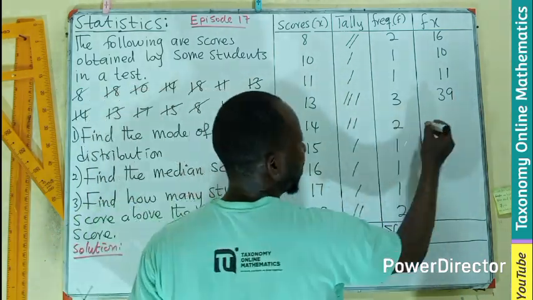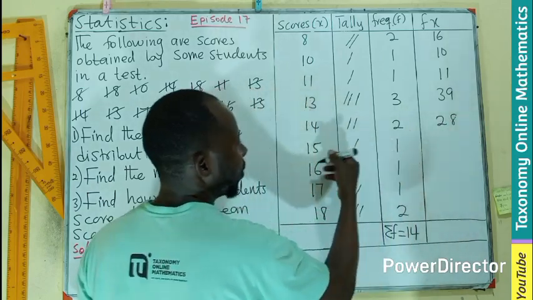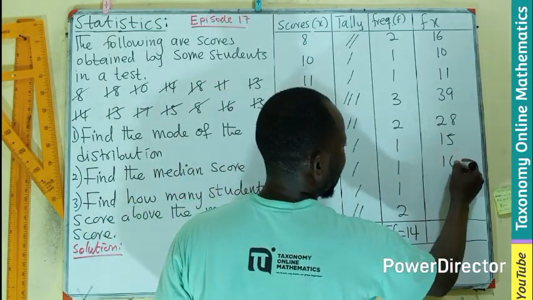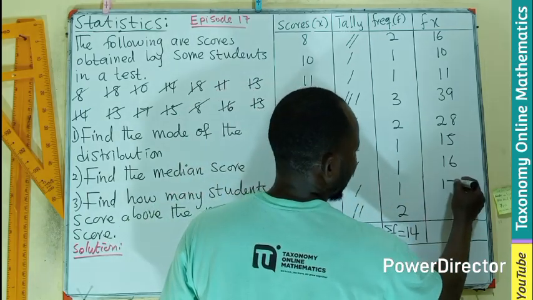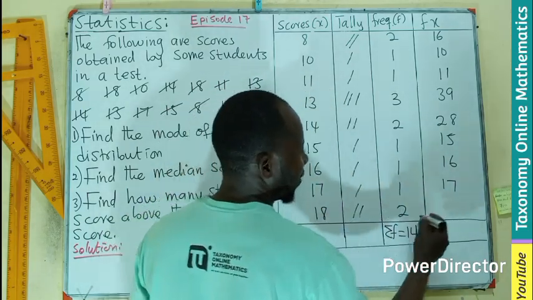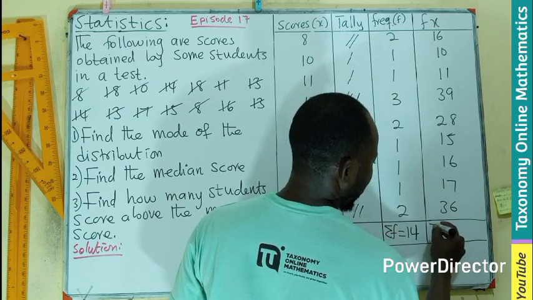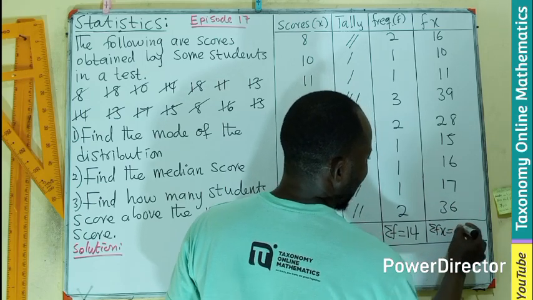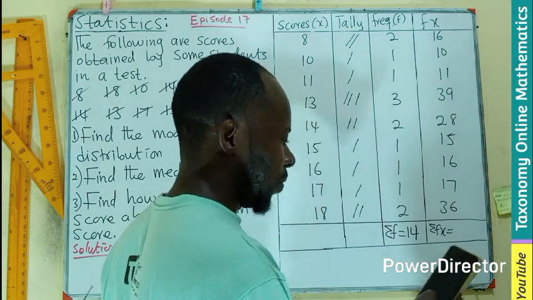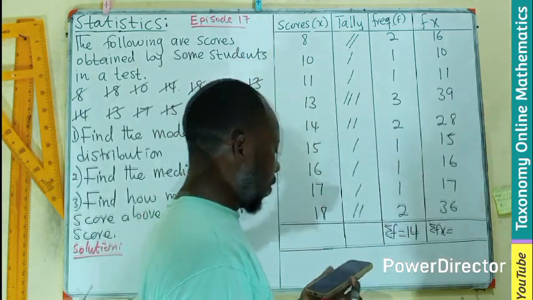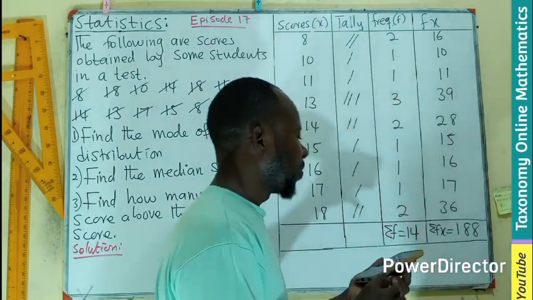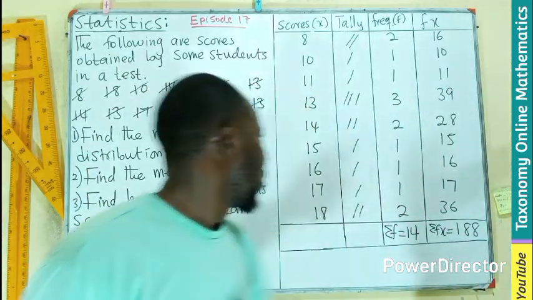This is going to be 28. 1 times 15, 16, 17, 36. So sigma fx, we need to add all those values and see. And if we add all of that, we should be having 188. All right. So let's see.